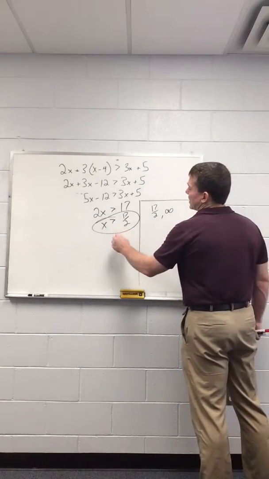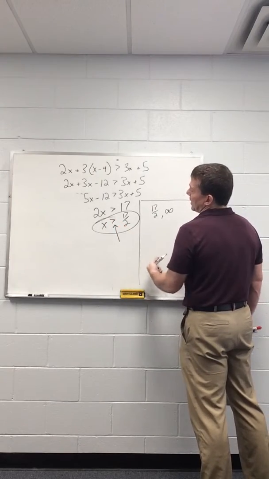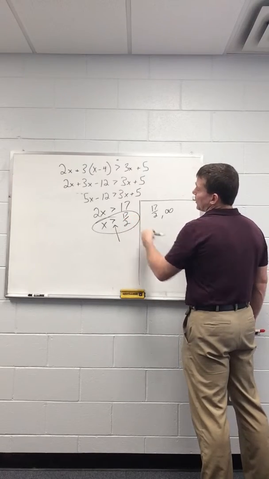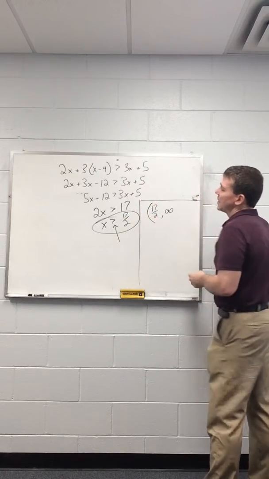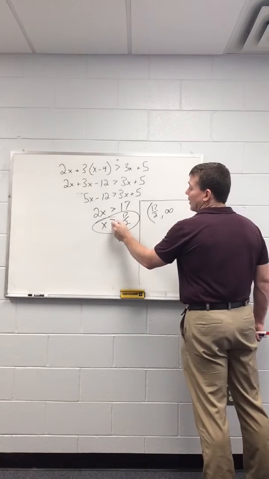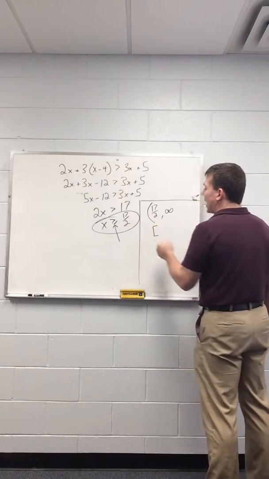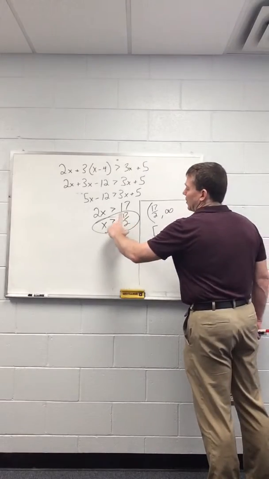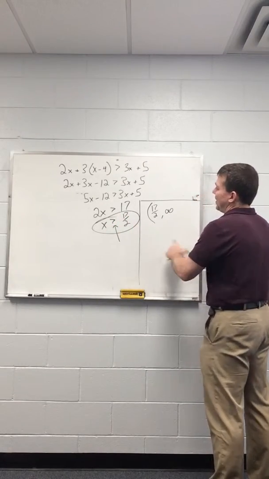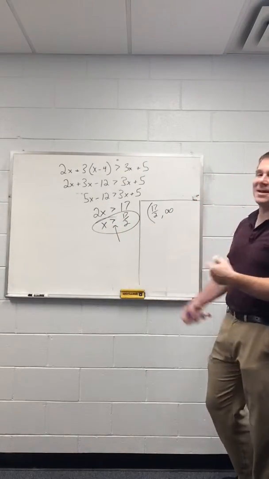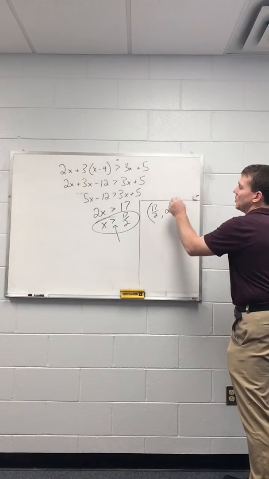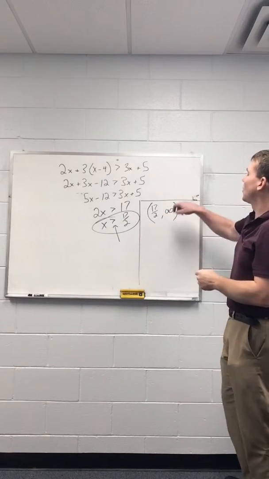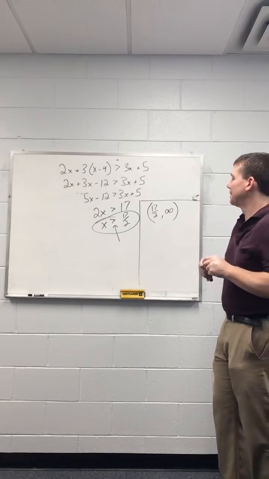If this is a strict inequality, I'm not including 17 over 2, so I draw a parenthesis. If this was greater than or equal to, I would draw a bracket. That tells me to include that endpoint. As far as infinity, you can never include infinity. All of you know that's an idea, not a number. So I always draw an open parenthesis there.